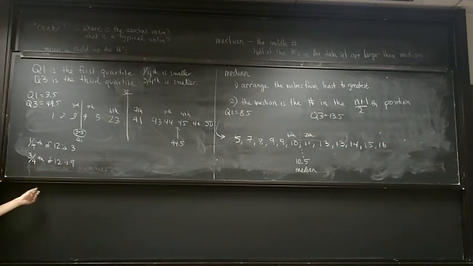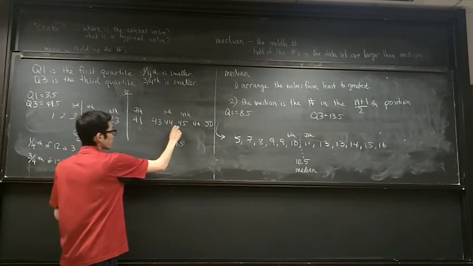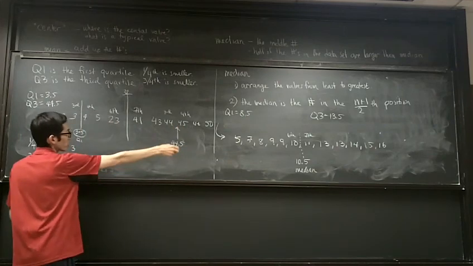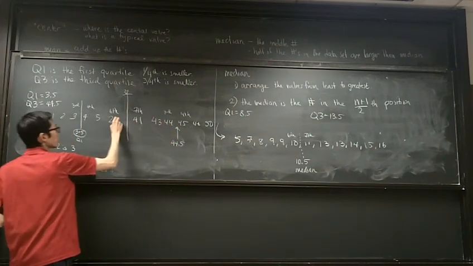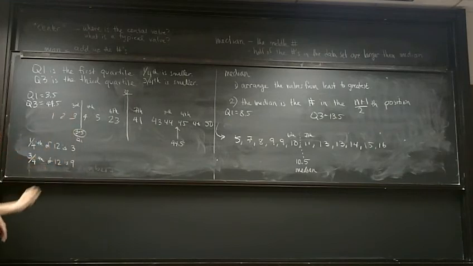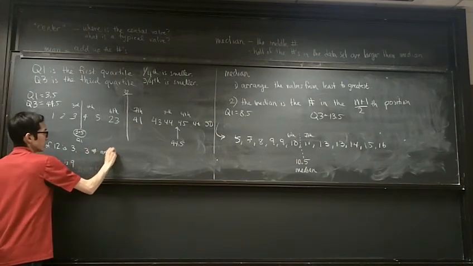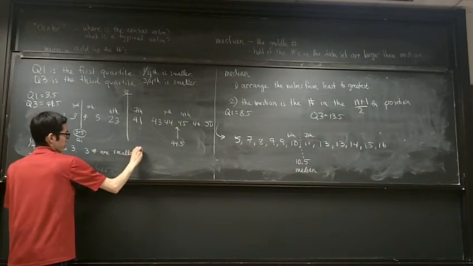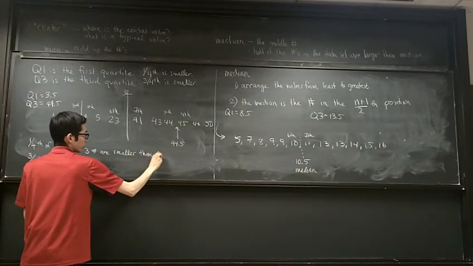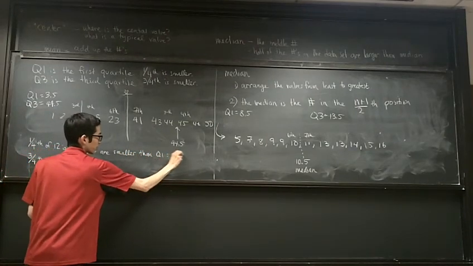Okay? What is 3/4 of 12? That's 9, right? So 9 numbers should be smaller than Q3. Is that the case? 44.5. How many numbers are smaller than 44.5? 1, 2, 3, 4, 5, 6, 7, 8, 9. 9 numbers are smaller than Q3. Okay? 3 numbers are smaller than Q1, which is 3.5.